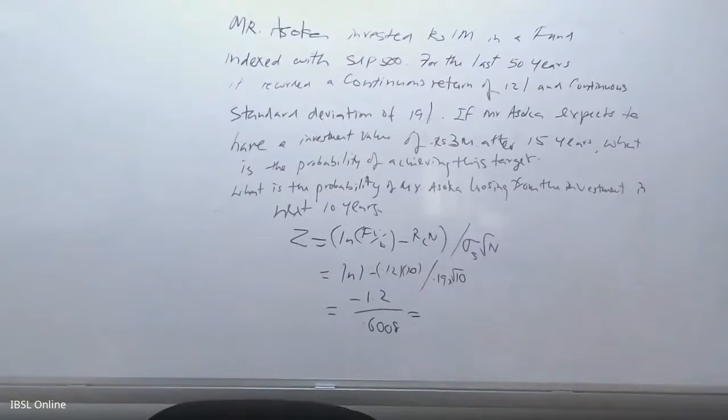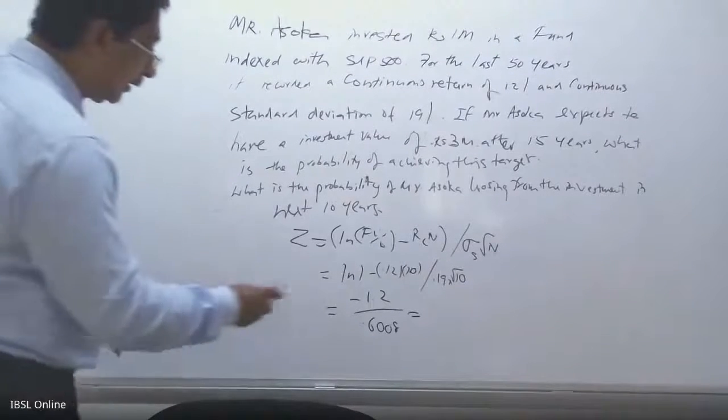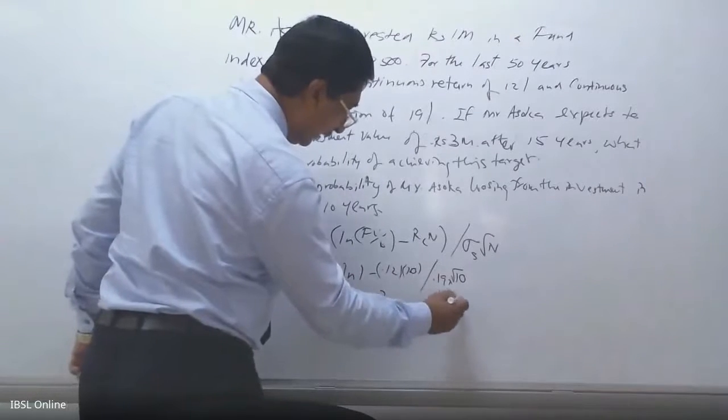Now the answer would be 1.2 divided by 0.6008, that is 1.997, minus 1.997.